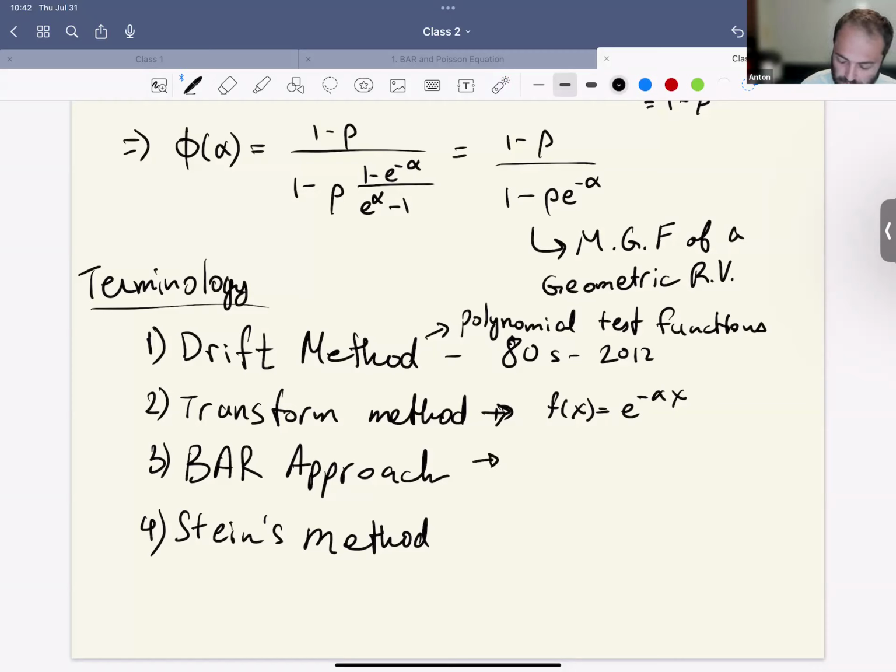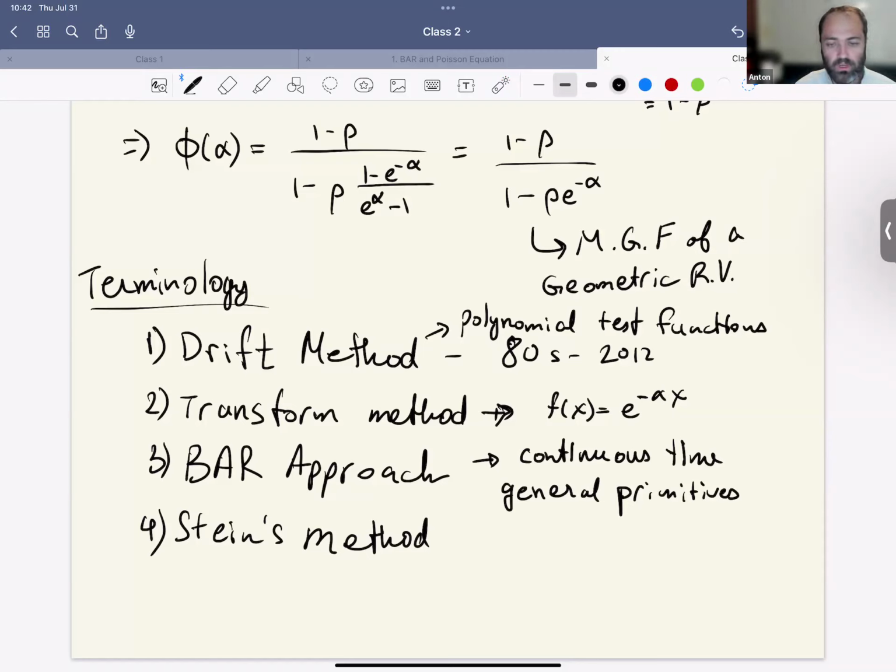So what the heck is the BAR approach? The BAR approach is really for continuous time systems with general model primitives, so general service times, general inter-arrival time distributions. And the key idea here is we have a specialized test function.